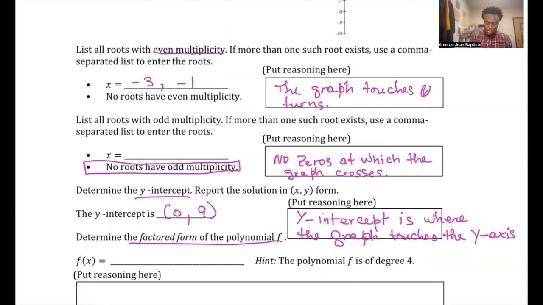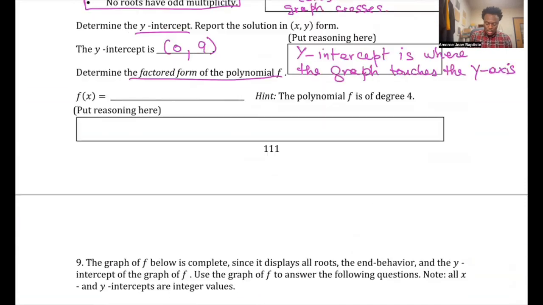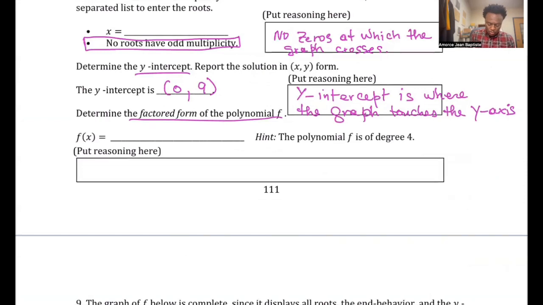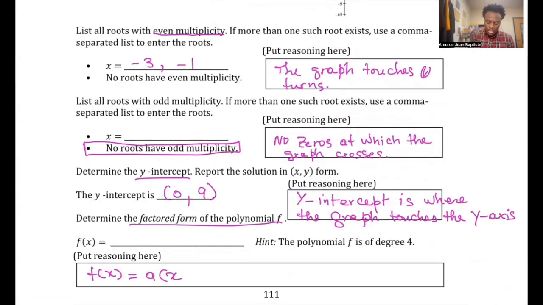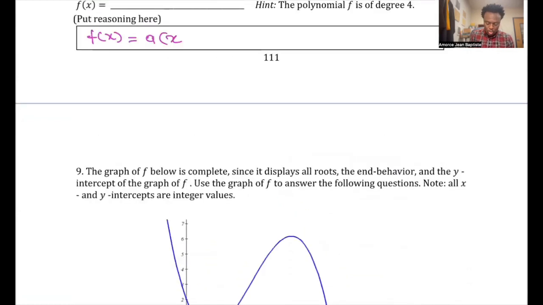So the factored form of this will be f of x equals a times x plus 3. If I need to get minus 3, I need to have a factor x plus 3.